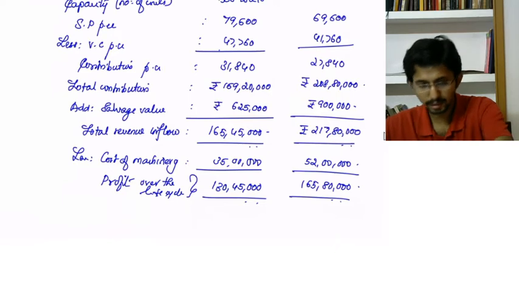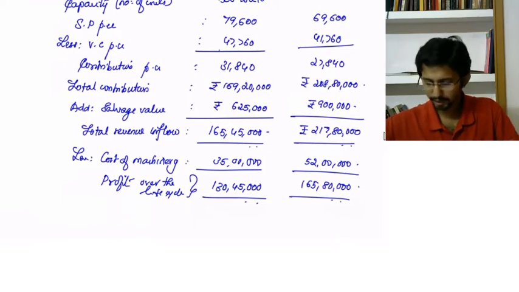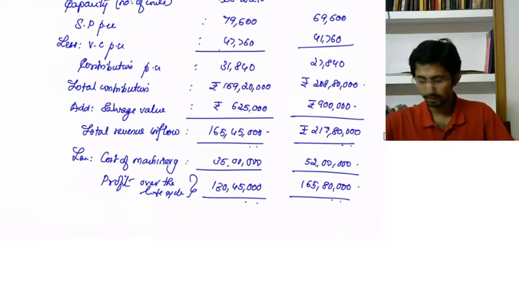So tell me, which is the product that is giving more profits, which is the capacity which is giving more profits. You will get more profits in the case of 750 units or additional capacity.